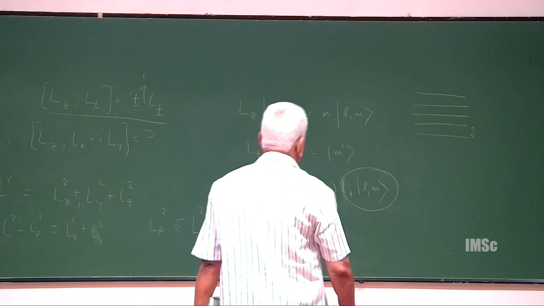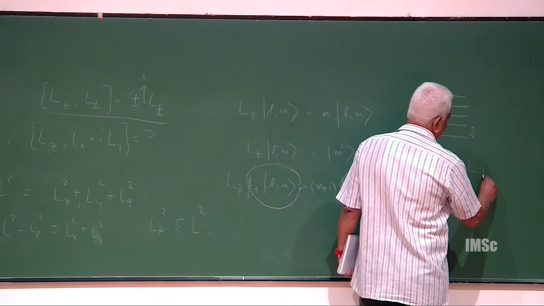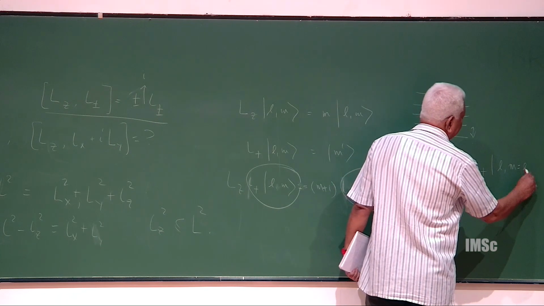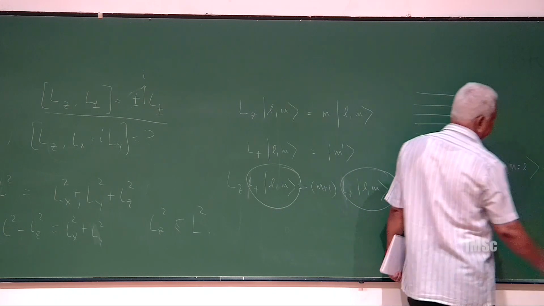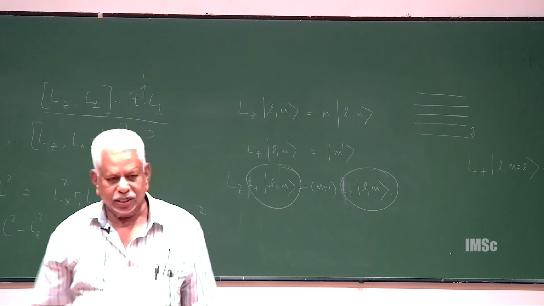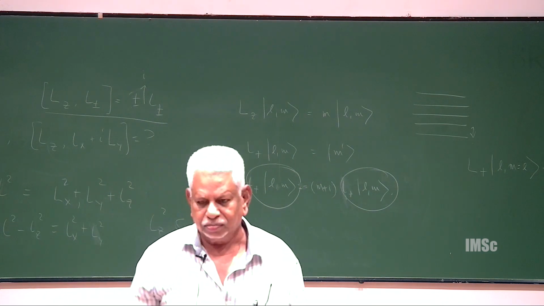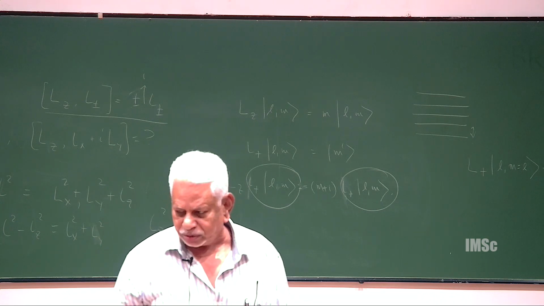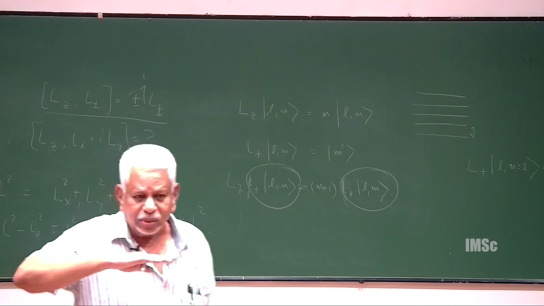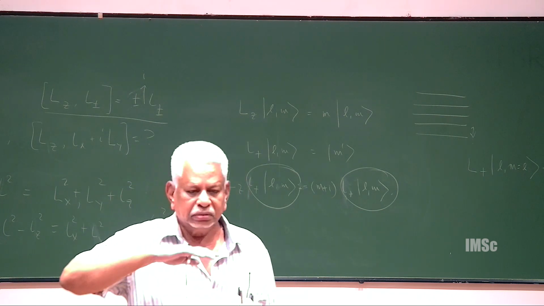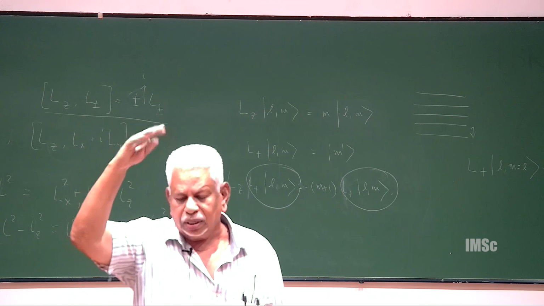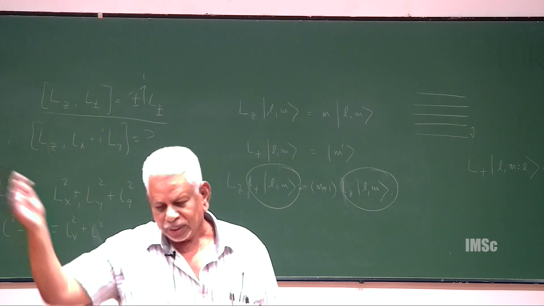The place where it stops, I will call L, M equal to L. That state is annihilated by the L plus matrix. So you start with M equal to some value, like say 1, you may go up to 2 and then 3 and then that's it. L plus acting on that has to be 0.